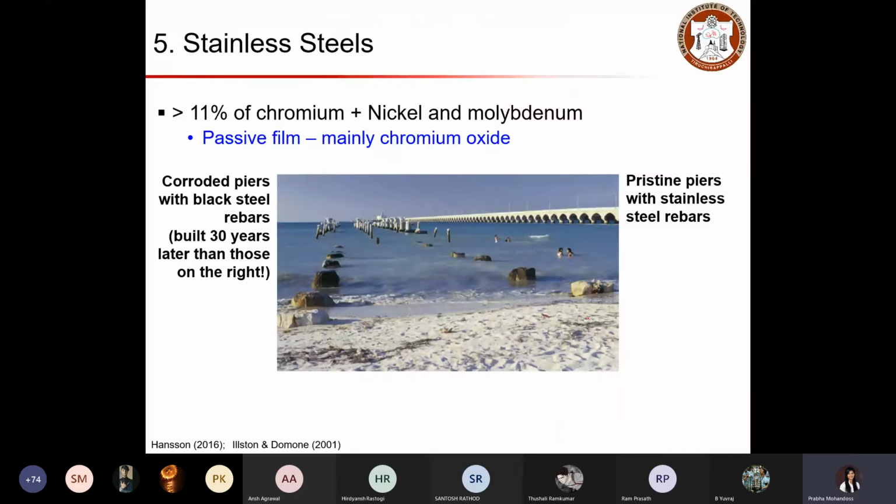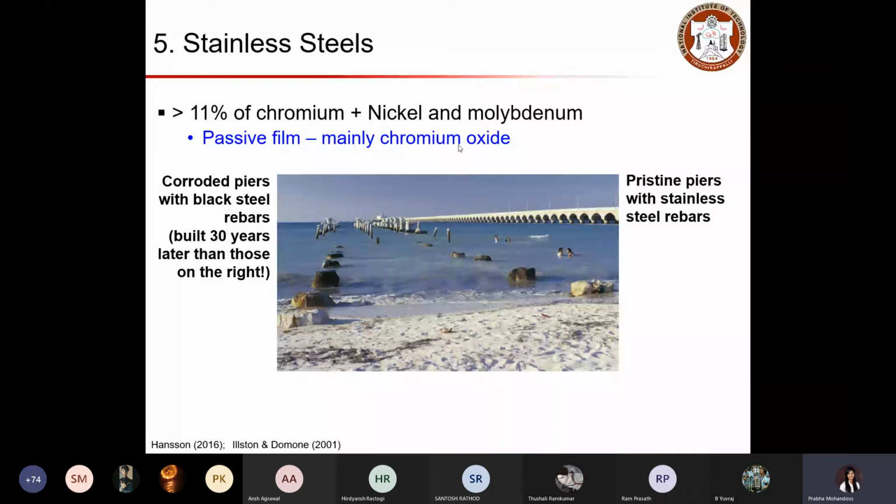So the next type is the stainless steel. So in stainless steel, you will be having a high chromium and nickel content. So this basically provides a passive film on the surface, mainly chromium oxide.